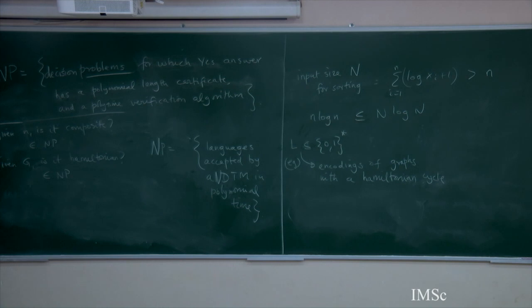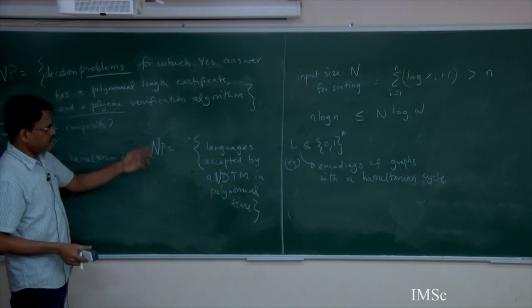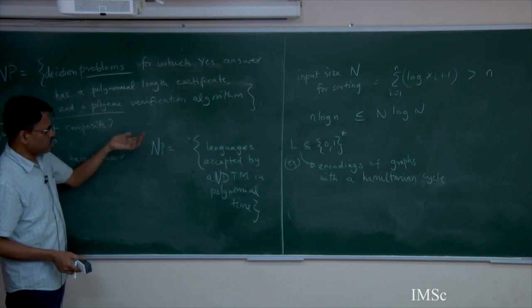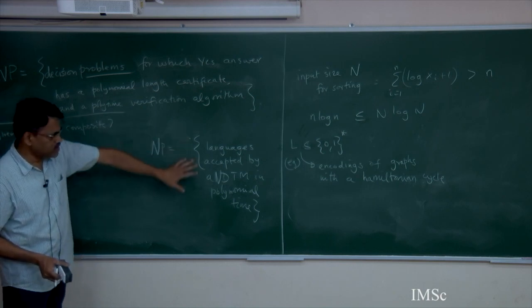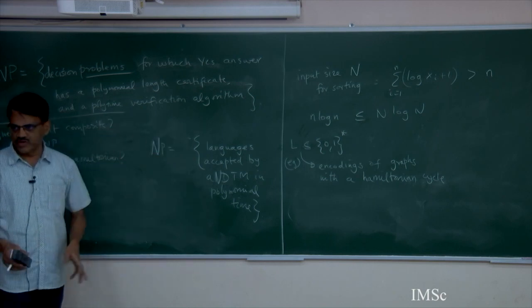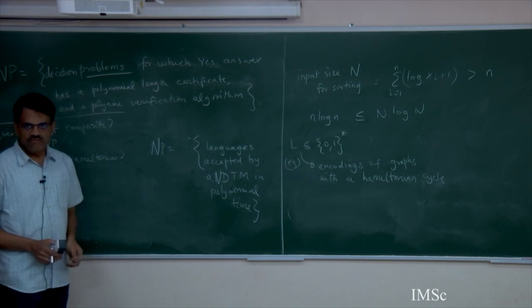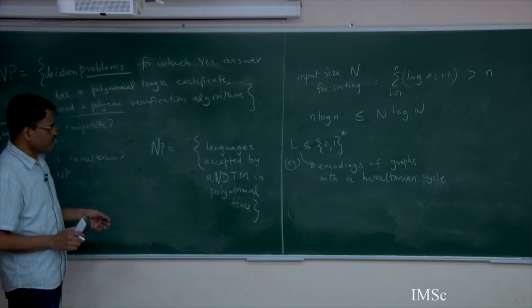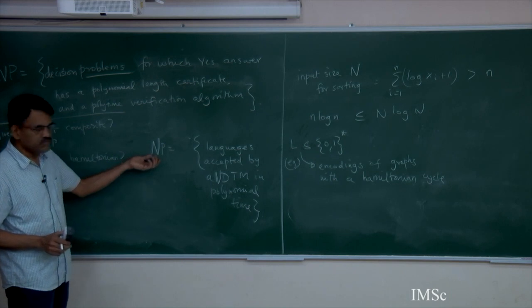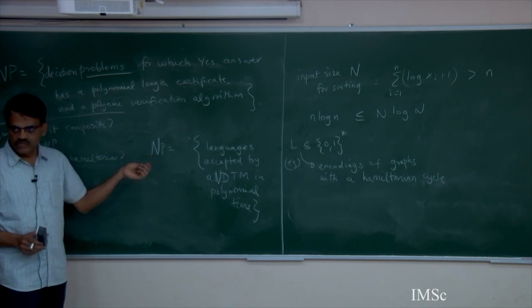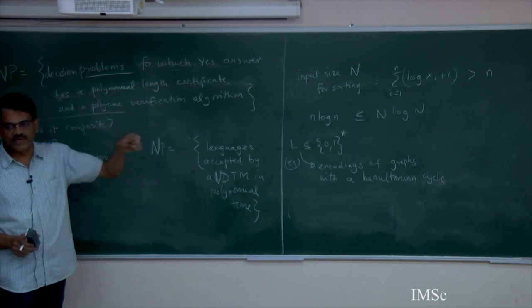So, do you see an equivalence between these definitions? Because you all know what a non-deterministic Turing machine is. So what would be the certificate for a yes answer? The accepting path, exactly.